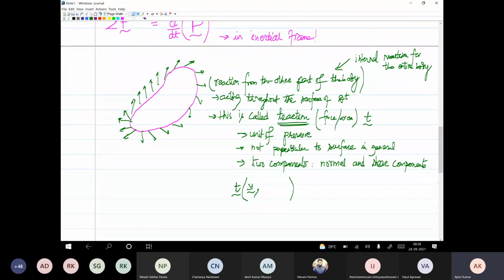It's also a function of the outward normal to the surface of the body under consideration. And of course, it can also be a function of time. Yes, very good. So maybe I'll put that T first, and then I'll say it's also a function of n.